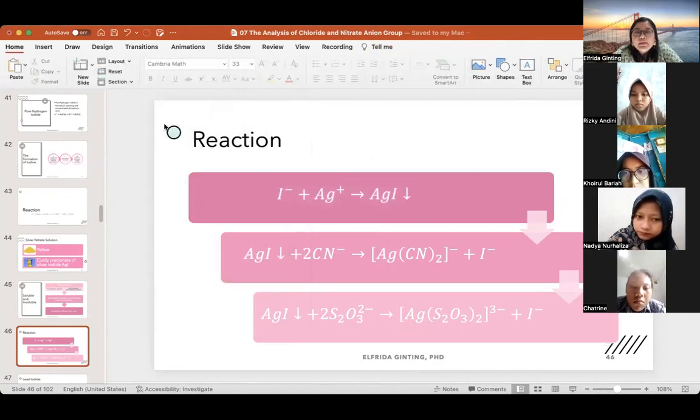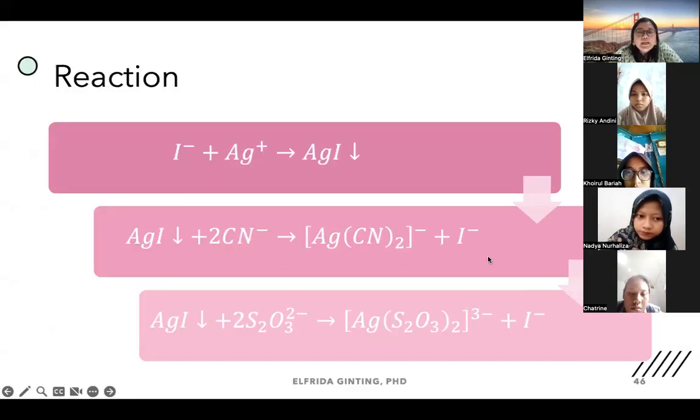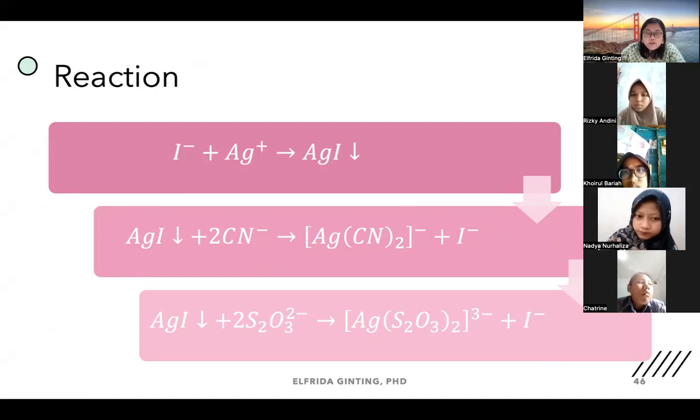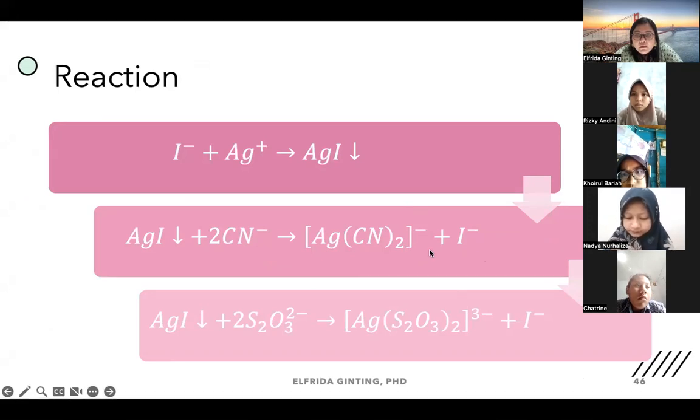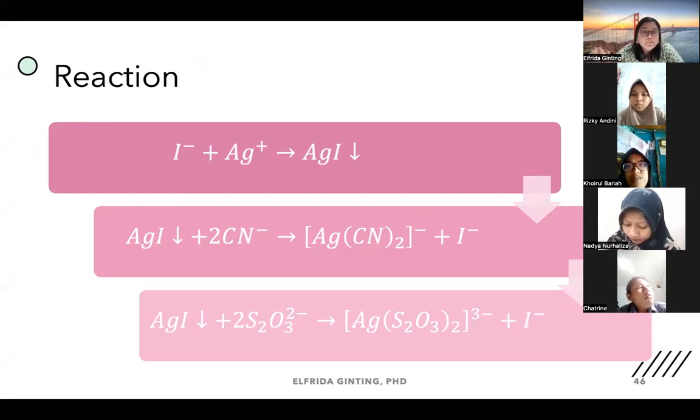And then the silver iodate, when you mix it with thiocyanate, it will be soluble. When you mix it with thiosulfate, it's also soluble, right? You can see in the reaction that both of these reactions form an ion after you mix it. So if it's forming an ion, then you know it's soluble in water.